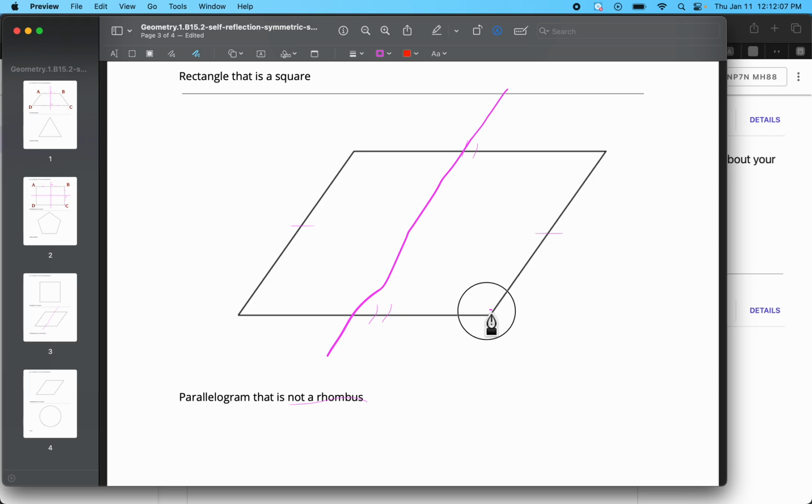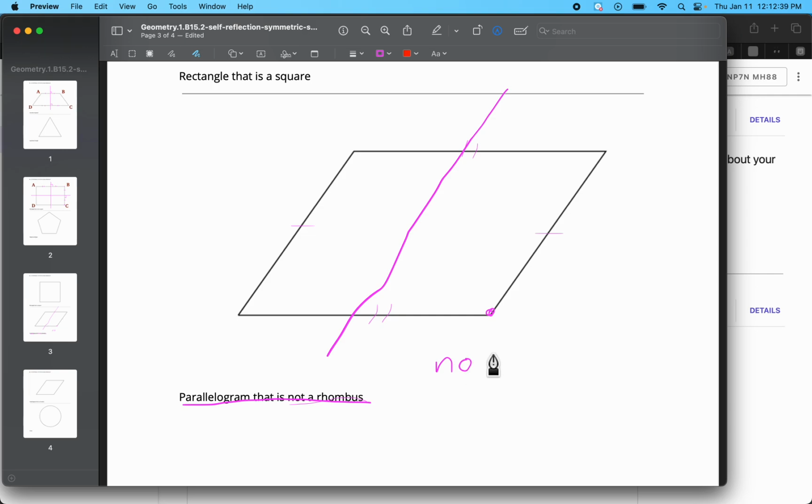So if I'm going with this point here, it's going to travel at a right angle to my line of reflection, and that is going to be somewhere over here, and that doesn't land on this corner or that corner. So it's not a winning situation. Okay? So a parallelogram that is not a rhombus has no lines of reflection.